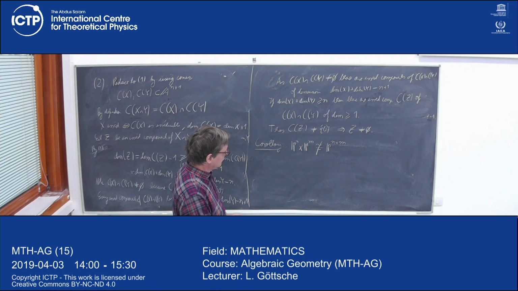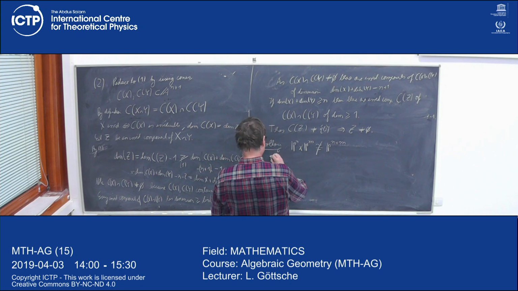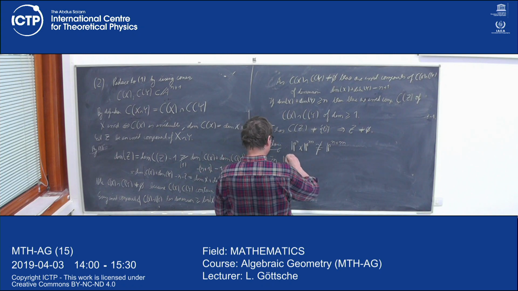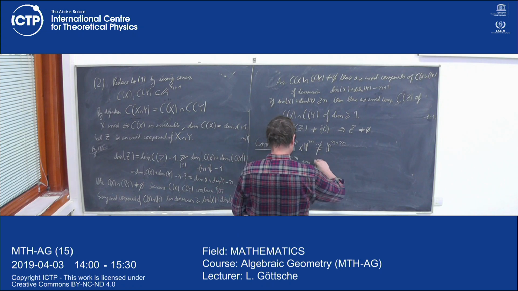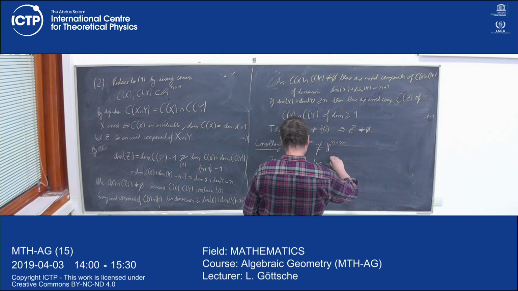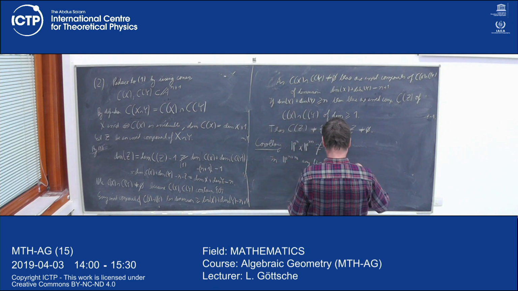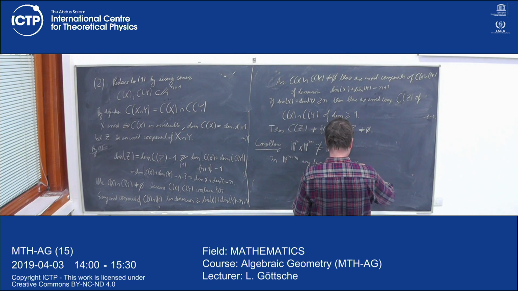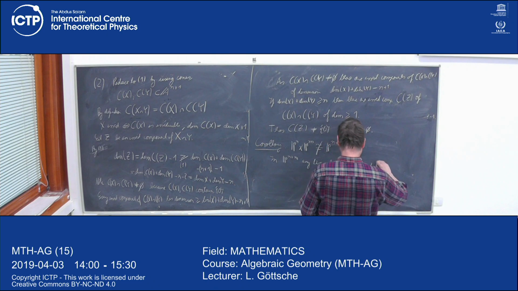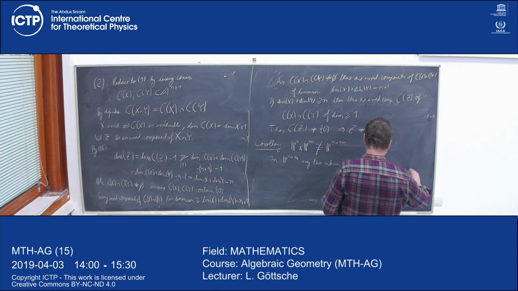How can we show it? In P^(n+m), any two subvarieties x and y of dimensions n and m intersect.